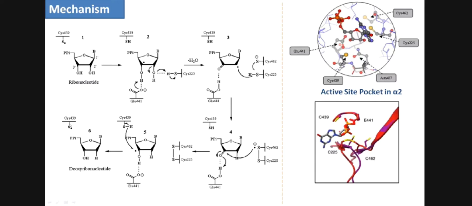In this way the H dot radical is generated, ready for another round of catalysis, and this is the product deoxyribonucleotide.